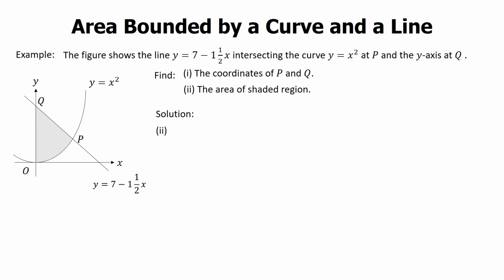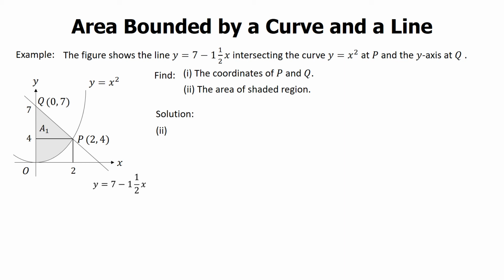Now number 2, to find the area of the shaded region. First, we can draw a straight line here, and we take P as the reference, with coordinates 2 and 4. The coordinates of Q are 0 and 7, which means this point will be 4, this point will be 7, and this point will be 2.